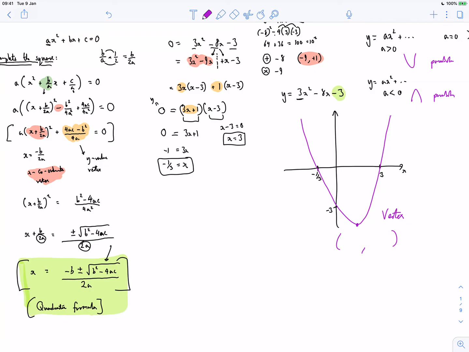So I could just type in the numbers. It's going to be minus b over 2a, so minus 8 over 2 lots of 3. Well, the minus make positive, so it's 8 over 6, that's 4/3. And the y value is 4ac minus b squared all over 4a, so 4 lots of 3 lots of minus 3 minus 8 squared all over 4 times 3.